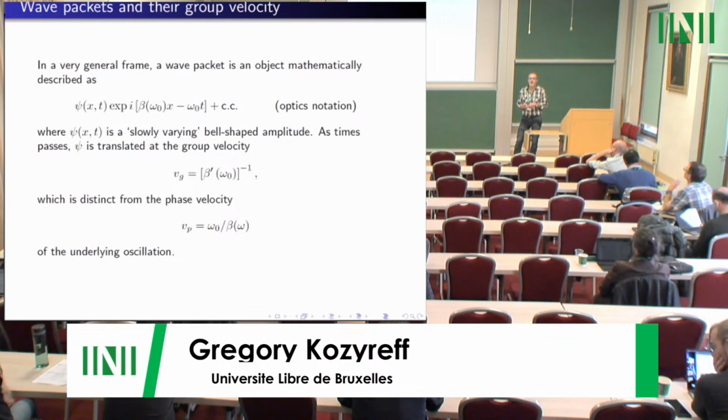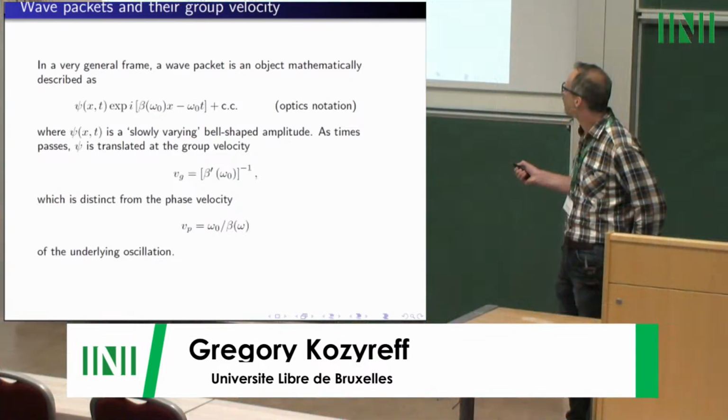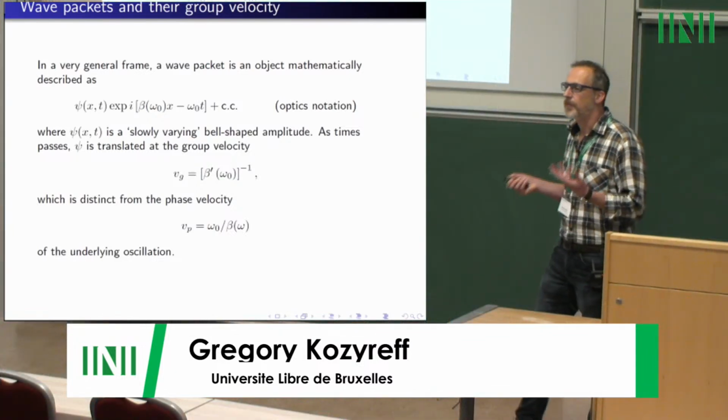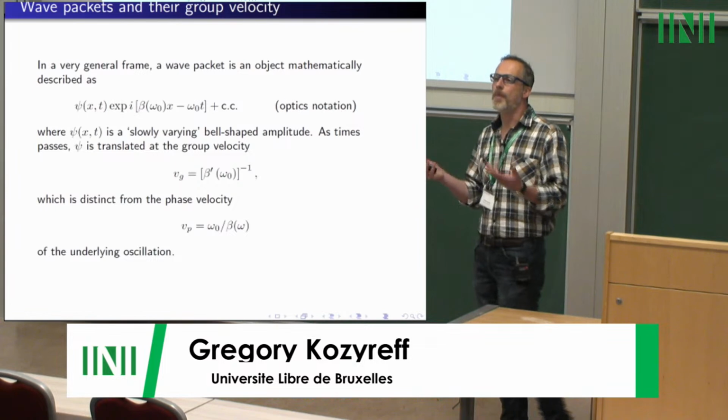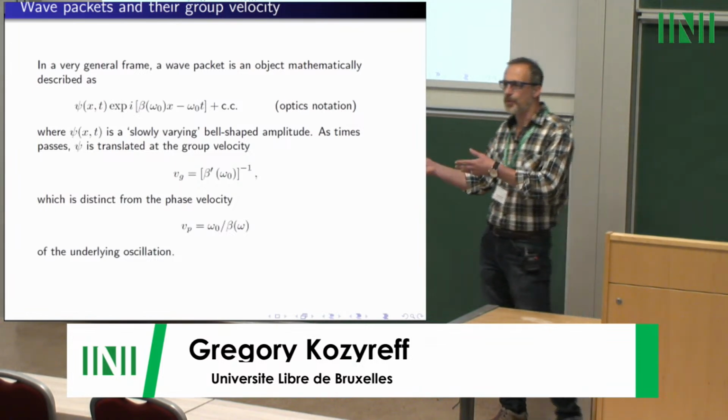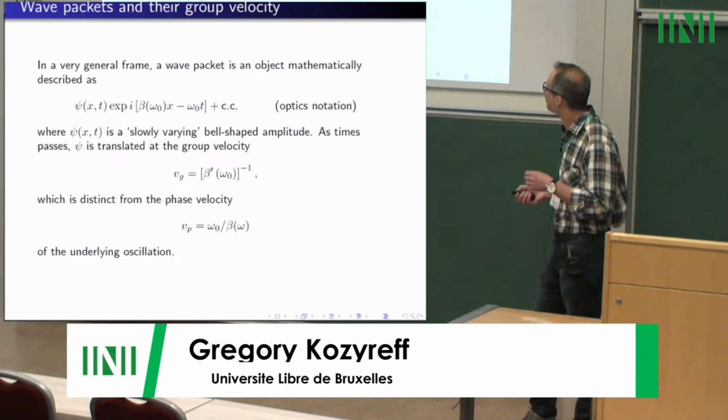And what's very nice and useful with them is that obviously here the fast oscillation has a phase velocity given by this formula, and then you have this group velocity, which is the velocity at which the information or the modulation translates over time.